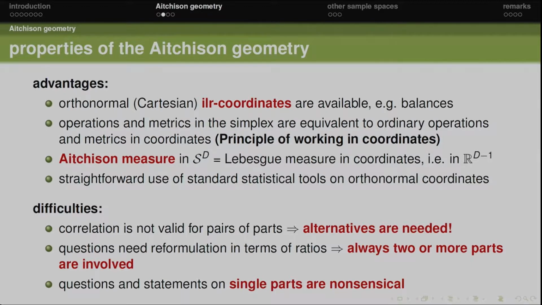We have operations and metrics, and we know that if we work on a representant of the equivalence classes, then this representation in coordinates will give us values that are in real space and for which the Euclidean geometry in real space holds.